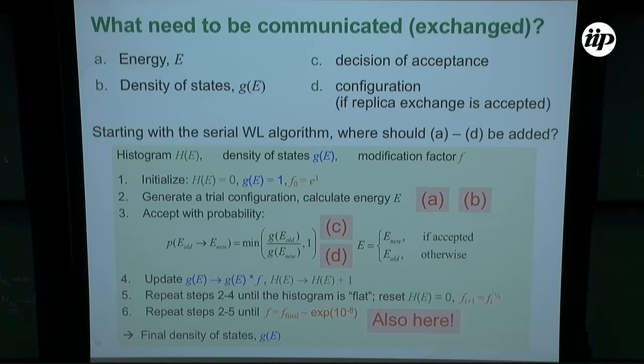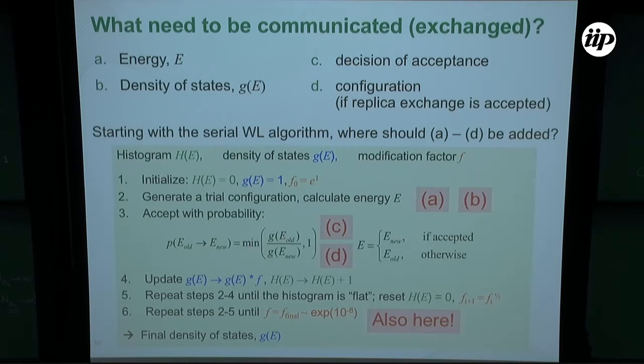Here, when we generate a trial configuration, we calculate the energy E. You still do this individually, separately. But then afterwards, once you have the energy, then you exchange this with your partner.